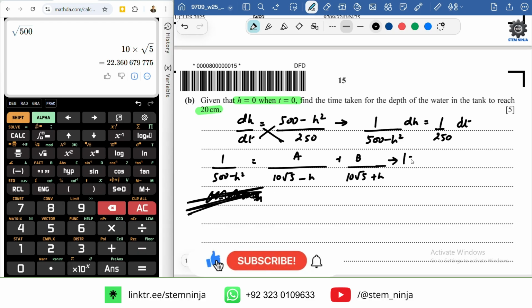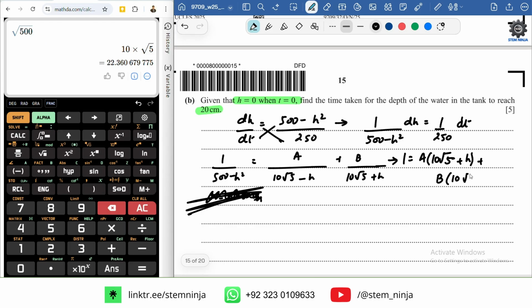Actually, I should write over here. So 1 is equal to a times 10 root 5 plus h, and b times 10 root 5 minus h. Alright. So, right, okay.